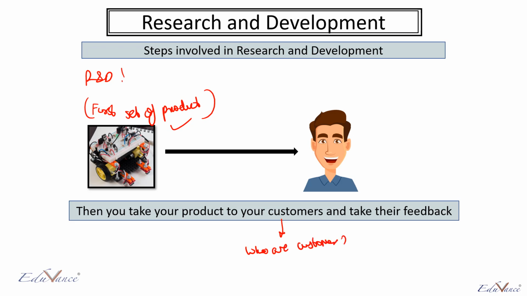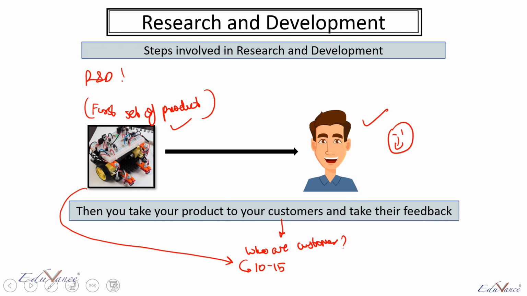So what we do is, you identify 10 to 15 such customers and you show them your product and you ask them, do you like this product? Are you happy with this product? And most importantly, will you use this product? And the most important and golden question is, will you pay for this product?